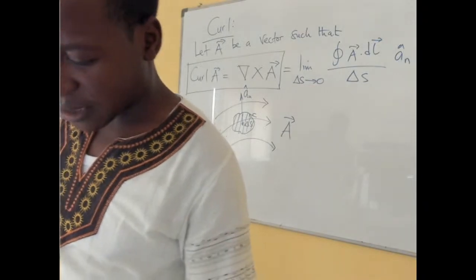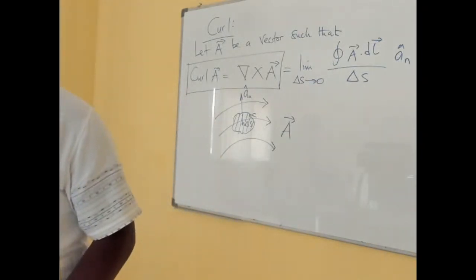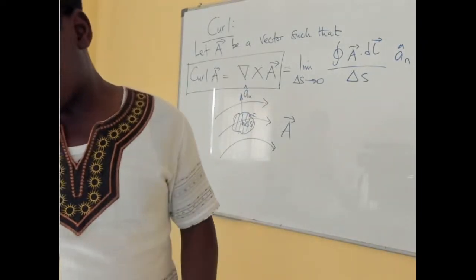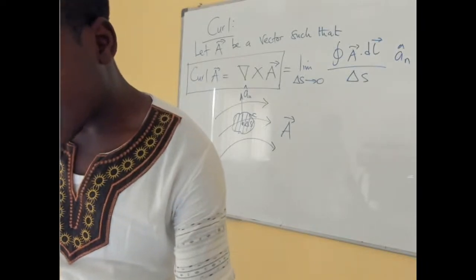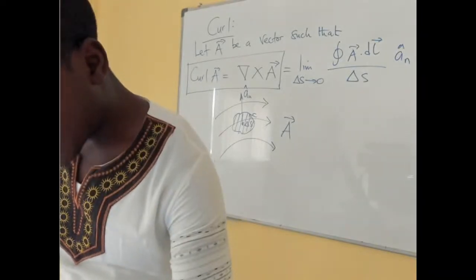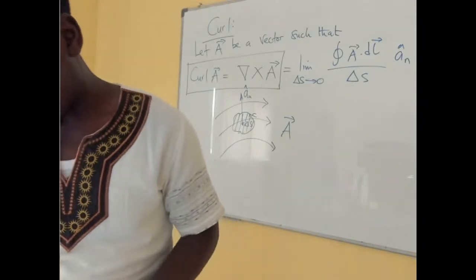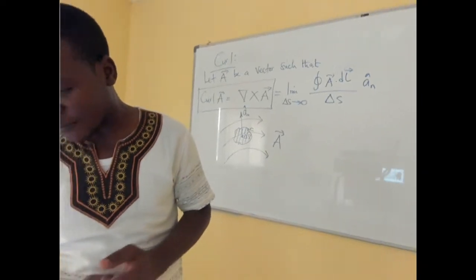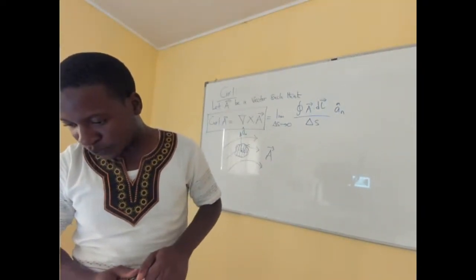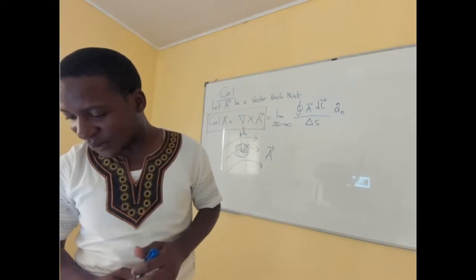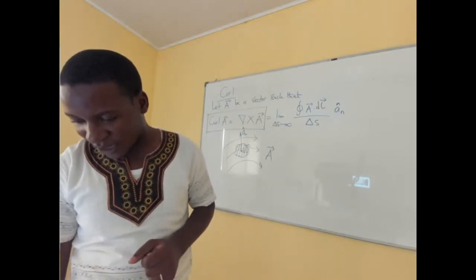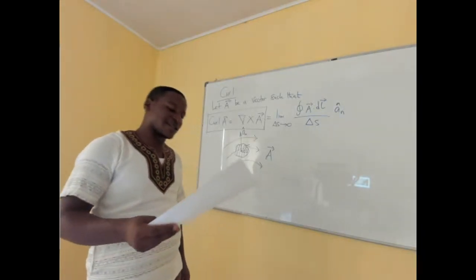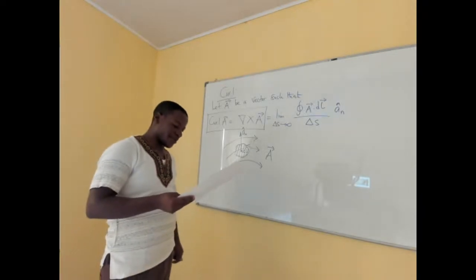I will not talk too much about the Stokes theorem. You have just to go through it and see if you have any challenges there. Okay, maybe just something for you to understand is that the Stokes theorem is actually trying to prove, like the one that we're looking at, the divergence theorem.